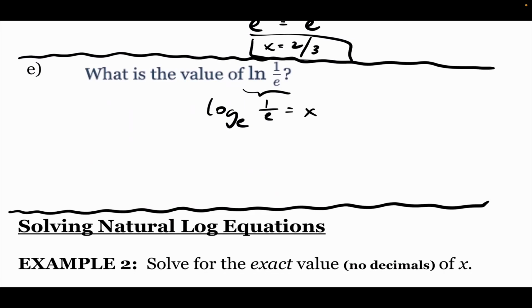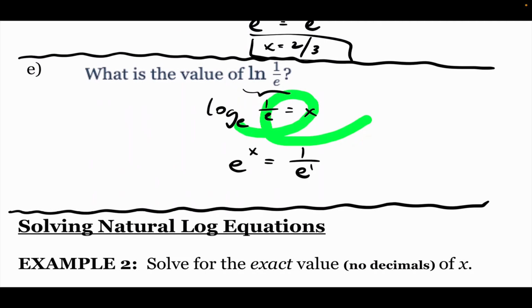Okay, so you change it to a log with a base of e. e to the x power equals 1 over e. Got another fraction. Well, first of all, what power does the e on the bottom have? 1.